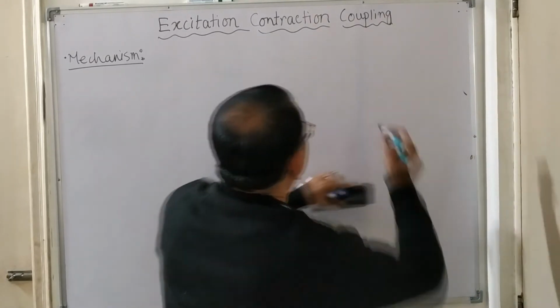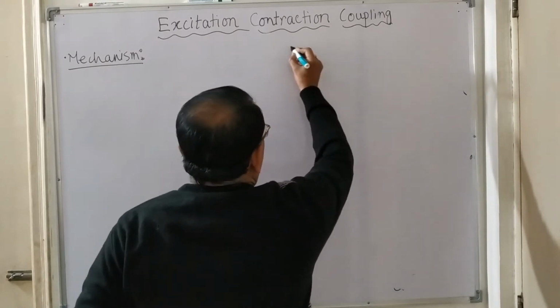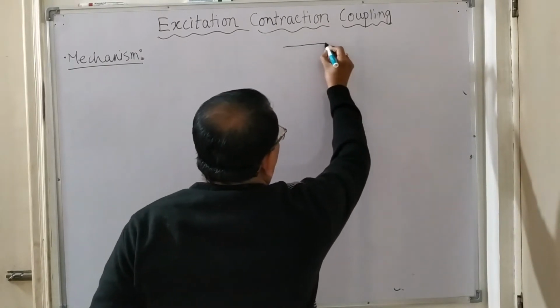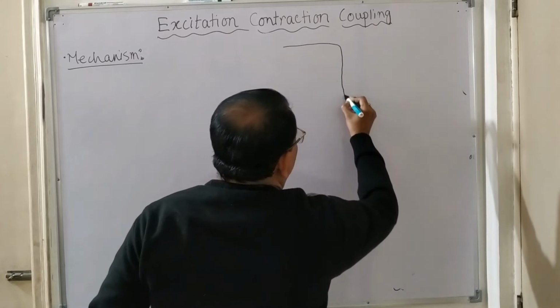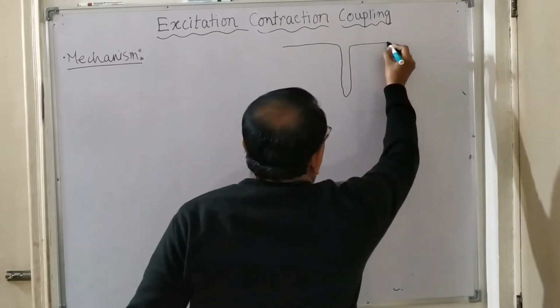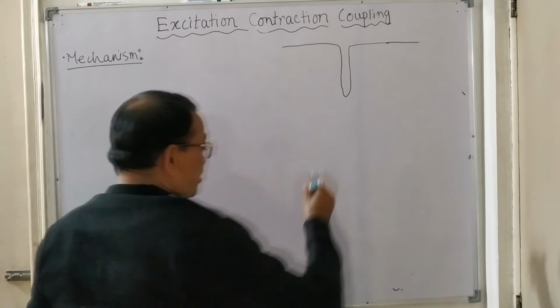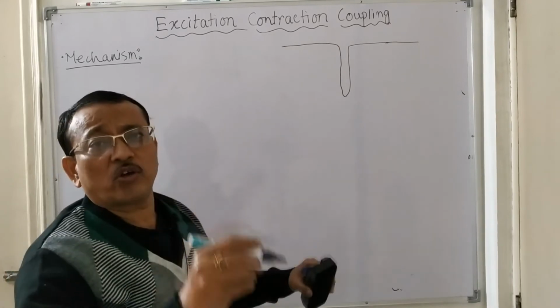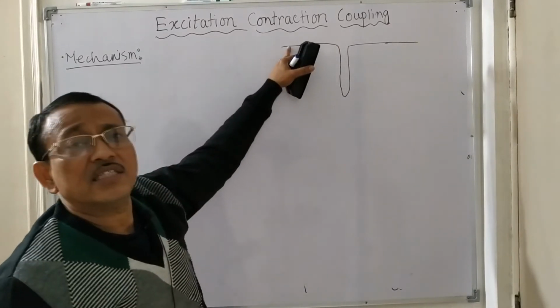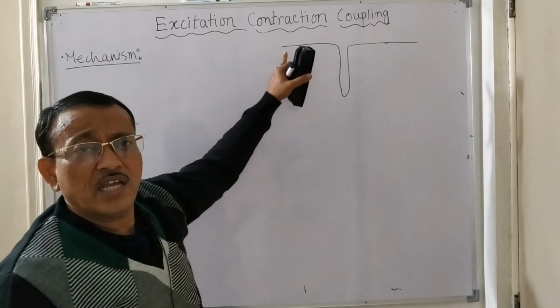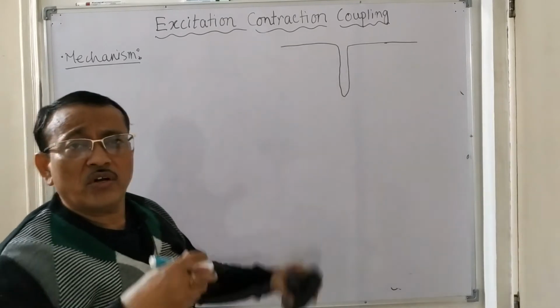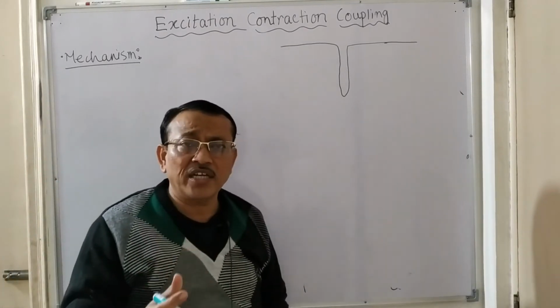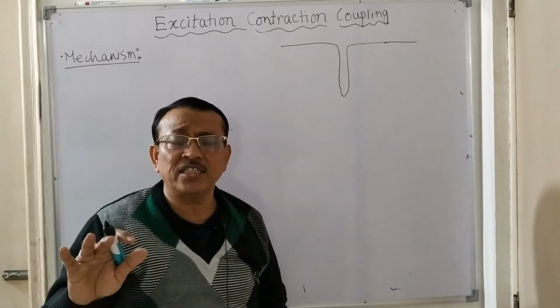As I told, suppose the muscle membrane is stimulated by the motor neuron. The muscle membrane is supplied by the motor neuron, and this motor neuron releases acetylcholine at the neuromuscular junction.